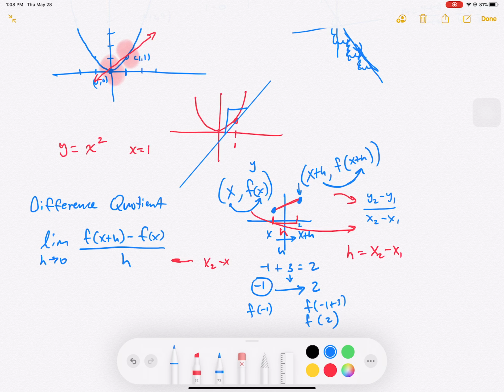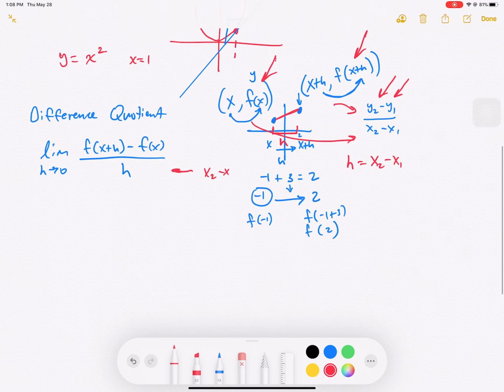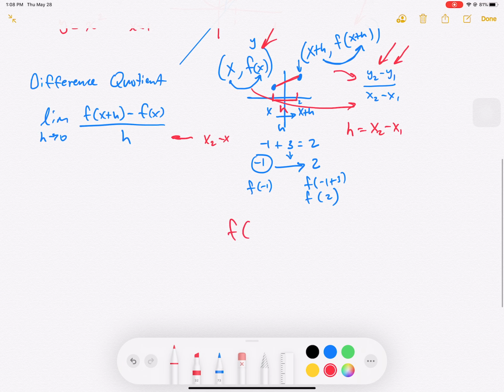So taking that idea, let's go back to the slope equation. The slope equation says y2 minus y1. I'm going to write that down a little bit lower here. It's f of x plus h minus f of x. That is my y2 minus y1.